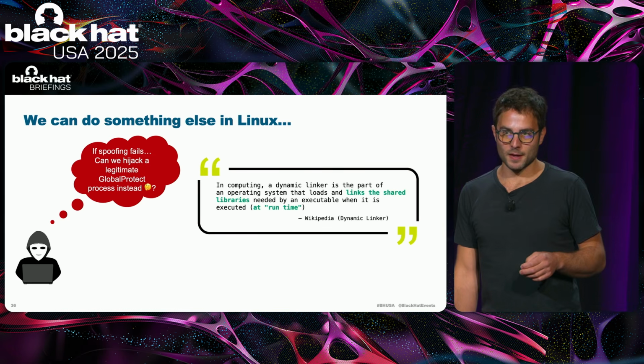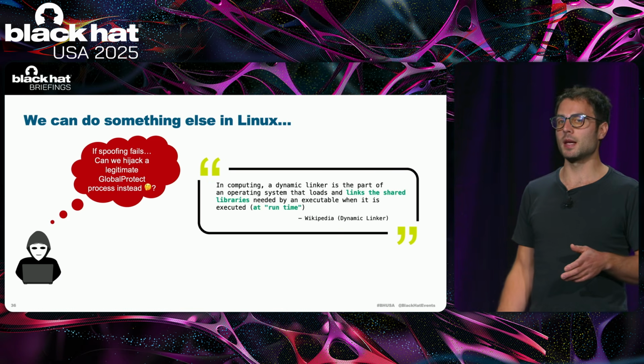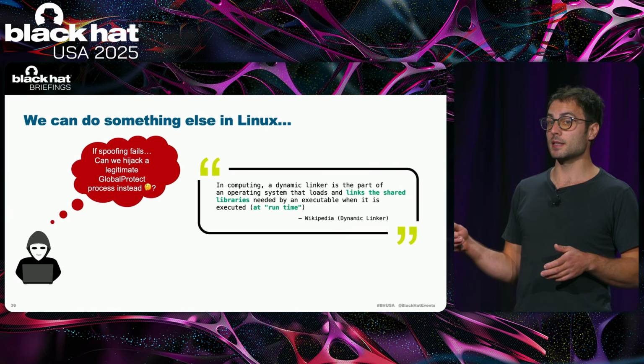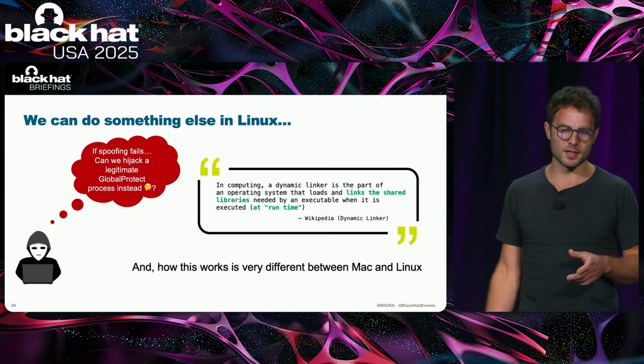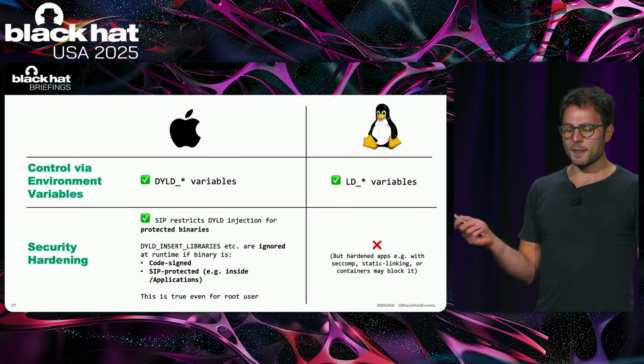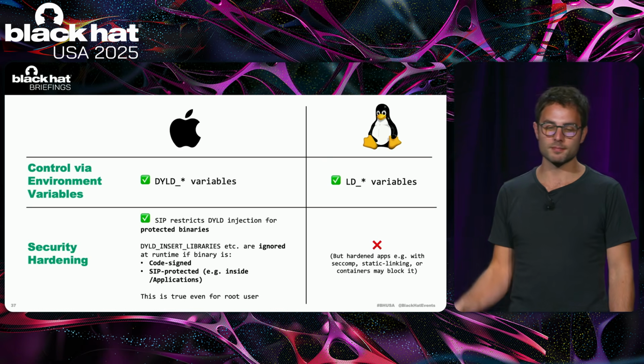Some of you in the room might be thinking about the dynamic linker, which is the part of the operating system that links shared libraries, dependencies, at runtime. And this works differently between Mac and Linux. The thing that's similar is you can control it using environment variables. This is good from an attacker's perspective because we can often control them.